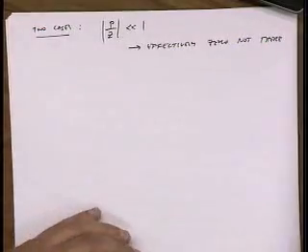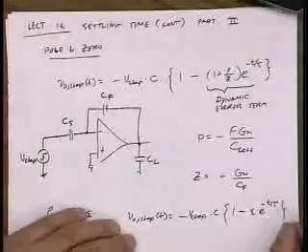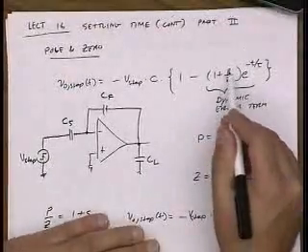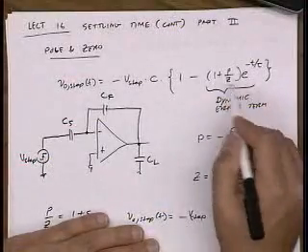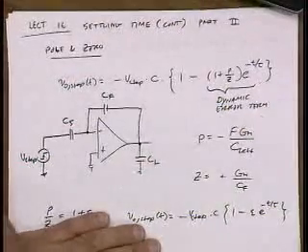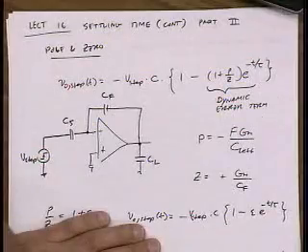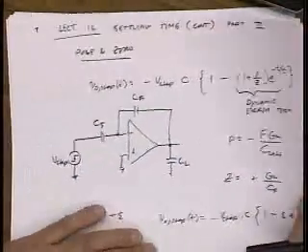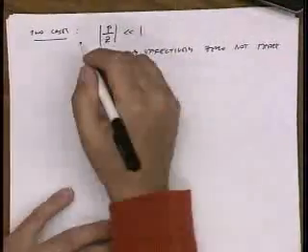In fact, if I look back at this equation, if the zero is very large relative to this pole, this term goes away, and it just looks like a step response of a single pole, dominant pole system.